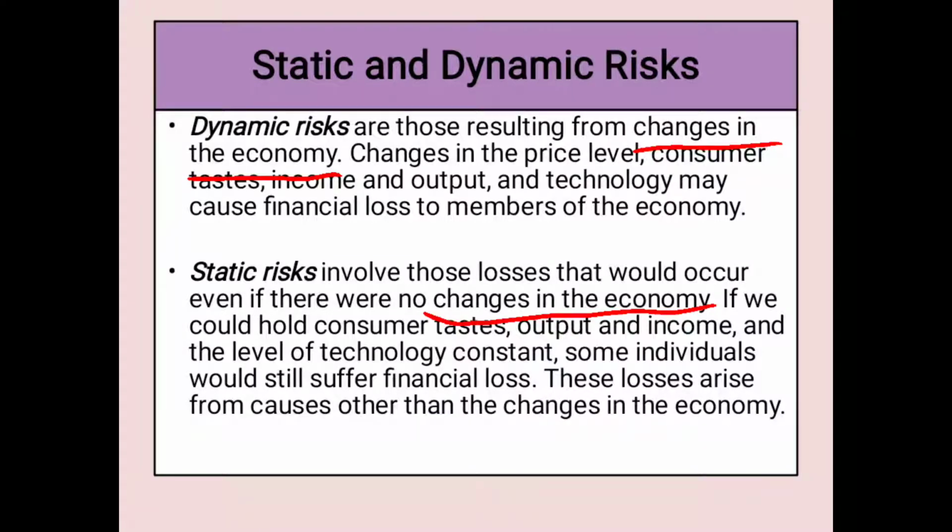Such risks are there. Or you are starting a hotel business, thinking everybody will come to you. Everything is fine, people's tastes are good, everything is going on well. But you are not aware that somehow people don't like to enter your hotel. Such risks are called static risks.